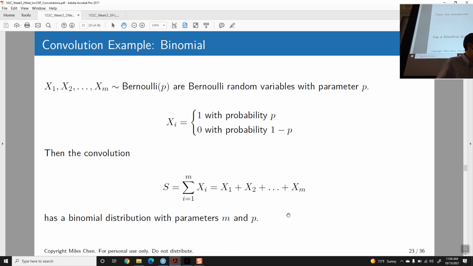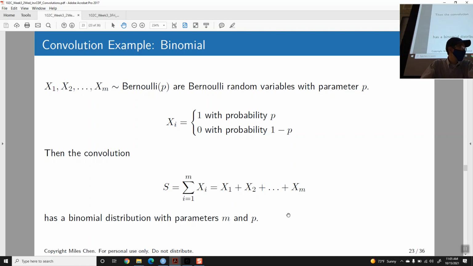One of the simplest is the binomial distribution. You have m IID draws from the Bernoulli. The Bernoulli is either a 0 or a 1. You get m of these, or n, whatever letter you're using. How many trials are you doing? You do that many.